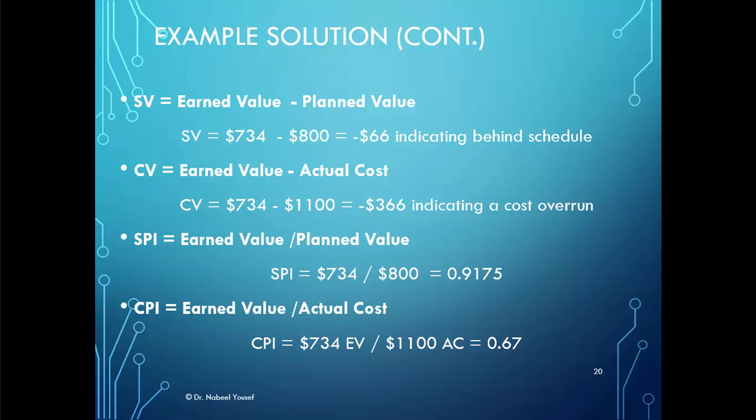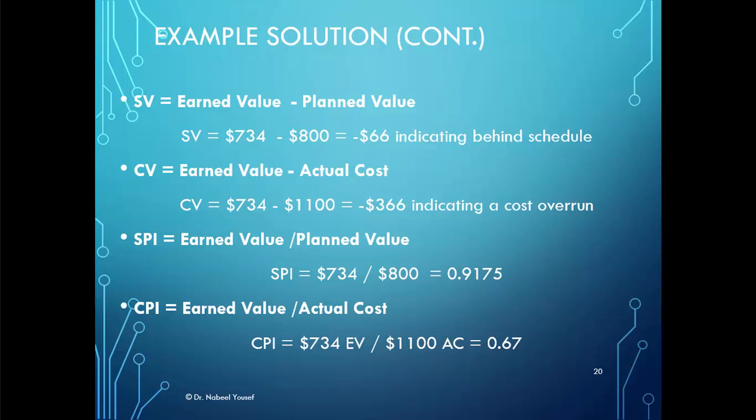Calculating the cost variance, which is equal to earned value minus actual cost, that is 734 minus 1100, which is equal to negative $366. And again, we notice that the negative value indicates a cost overrun, which means the project is over budget.